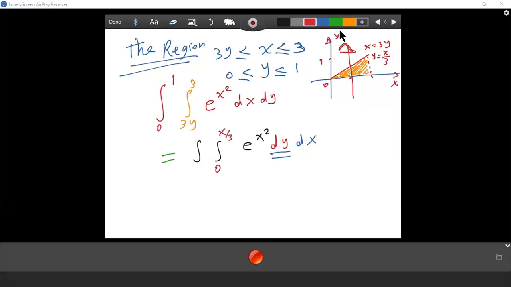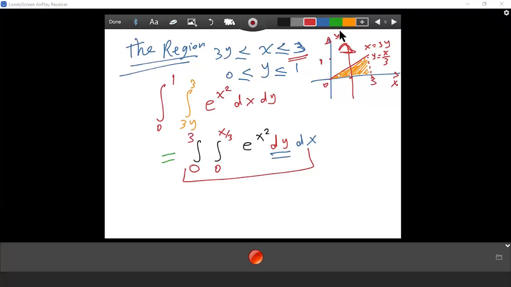Okay. What about the boundary of x? I know this is the lower value and this is the upper value, right? The lower value of x is 0. The maximum value of x is 3, so I can write here 3.